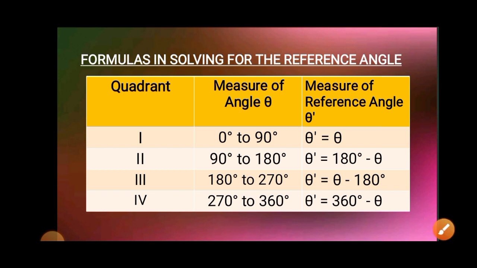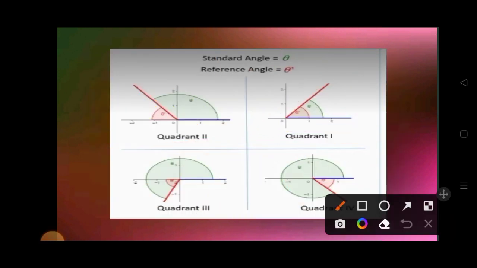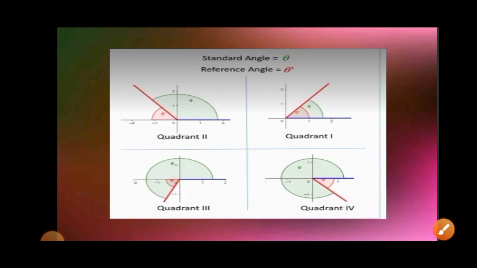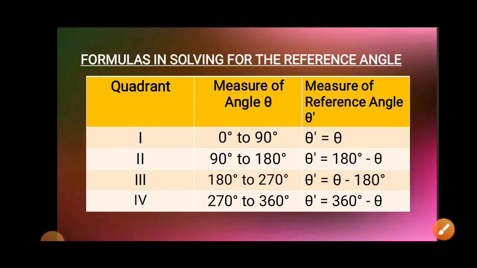In quadrant 3, the measure of the angle is 180 degrees to 270 degrees.